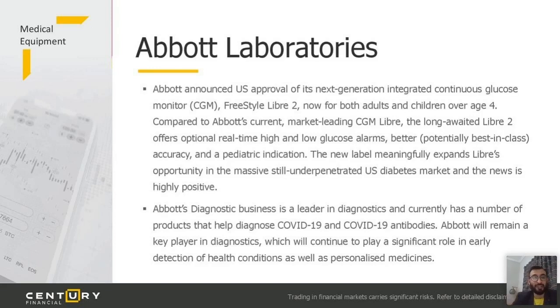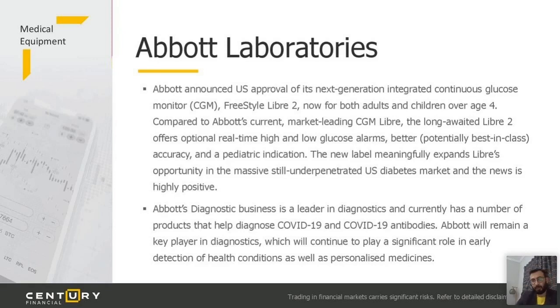They have announced US approval of their next generation integrated continuous glucose monitor, Freestyle Libre 2, now for both adults and children. Compared to Abbott's market leading CGM, the long awaited version offers optional real time high and low glucose alarms.